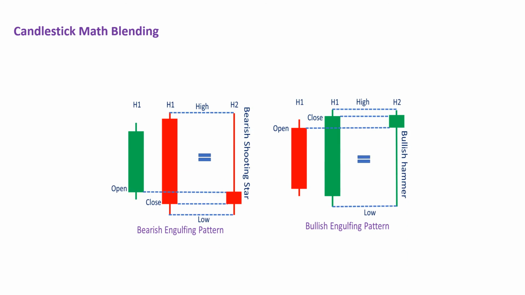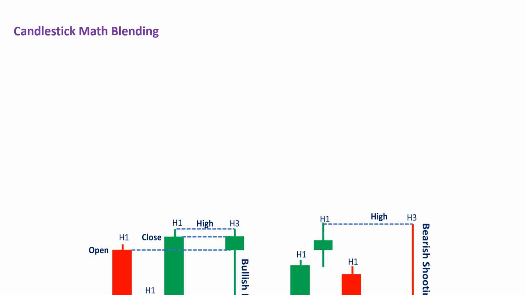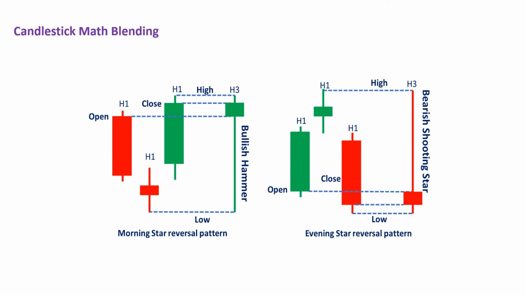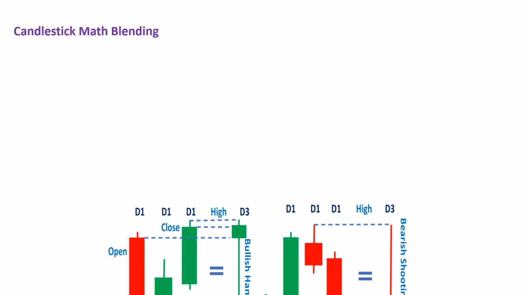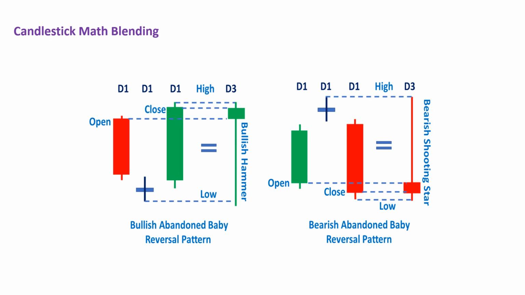Let's imagine for a moment that you must memorize the weird names and instructions of patterns such as doji, hammer, inverted hammer, shooting star, hanging man, bullish and bearish engulfing, tweezer top and tweezer bottom, harami, morning and evening stars, three white soldiers and three black crows, piercing, dark cloud cover, three inside up and three inside down, falling and rising three methods, bullish and bearish abandon baby, upside gap two crows and downside gap two rabbits, and so much more.